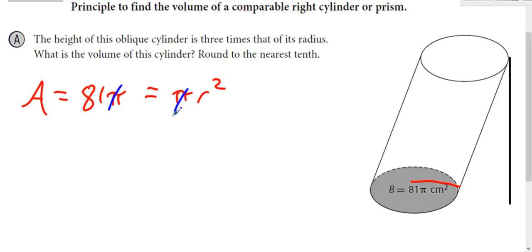Pi cancels pi, which means r squared is 81, which means the radius is 9. And then we know that the height is 3 times the radius. So if the radius is 9, that means the height is 9 times 3, which is 27.